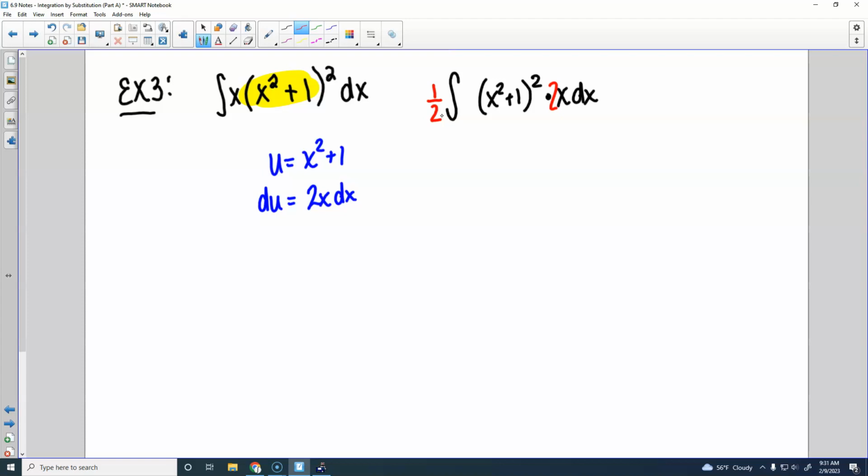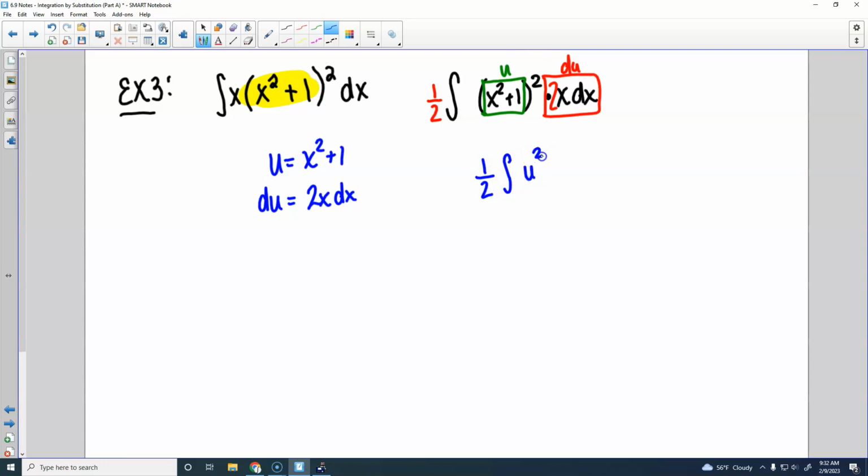So sometimes you may be missing part of the integral there. When you substitute here, we're going to substitute our u right here, and this part right here is our du. So it's almost like the last problem, but we've got that 1/2 that had to be put out front.